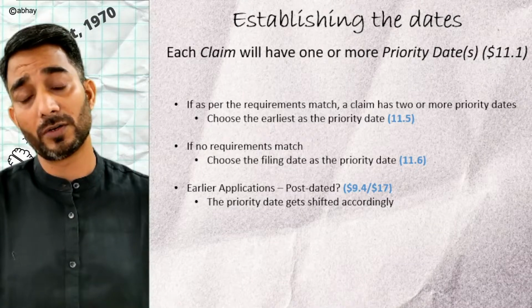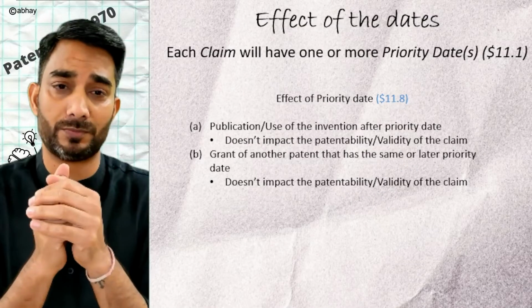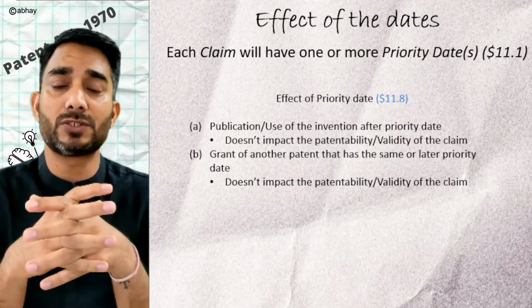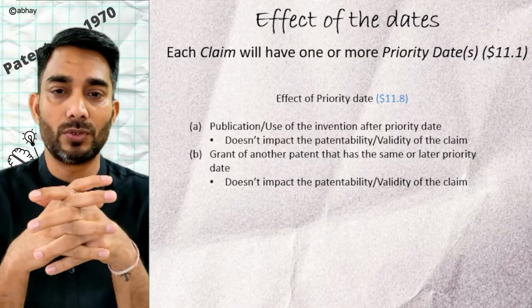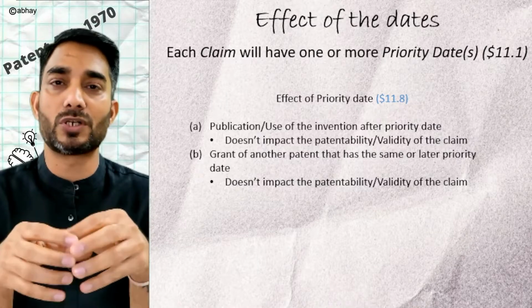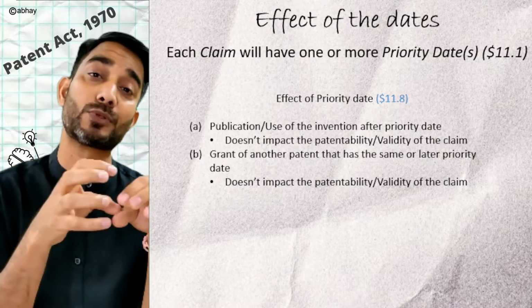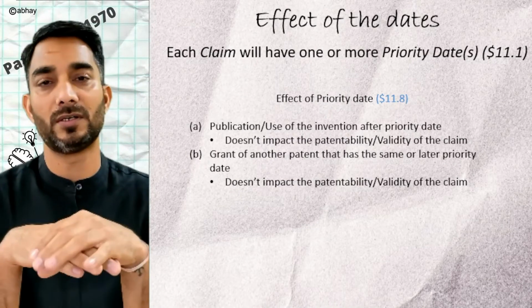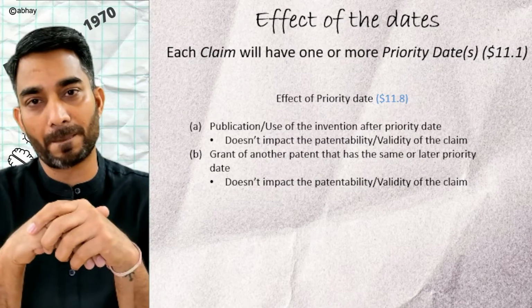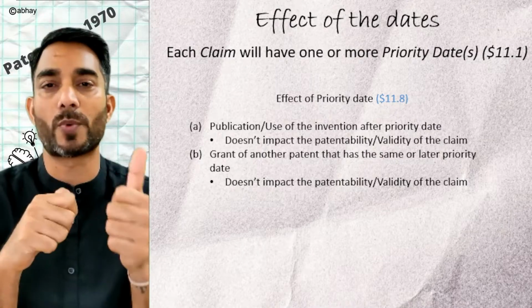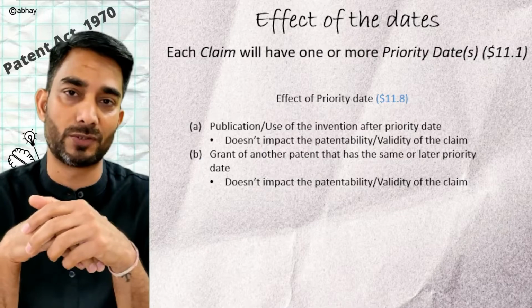Now, from the inventor's point of view also, section 11.8 says that if the applicant were to publish or start using the invention after their priority date, it will not impact the absolute novelty requirement of the patentability. So it will not make the claims invalid. You cannot question the validity of the claim based on that.